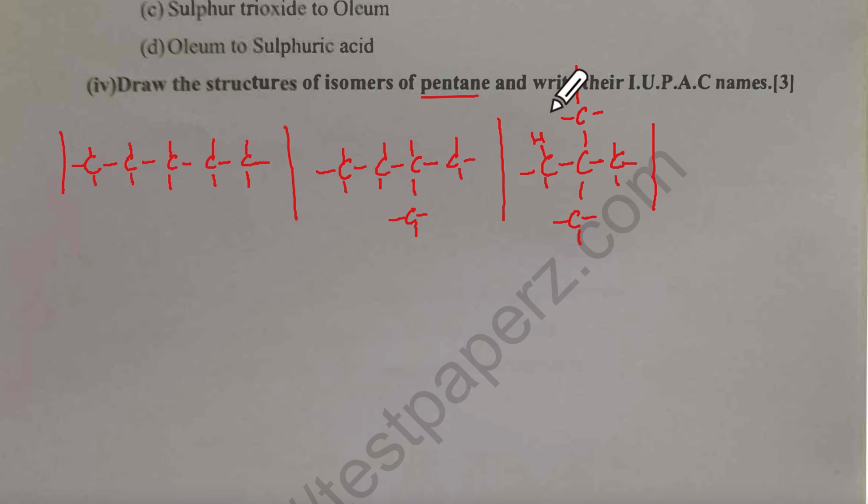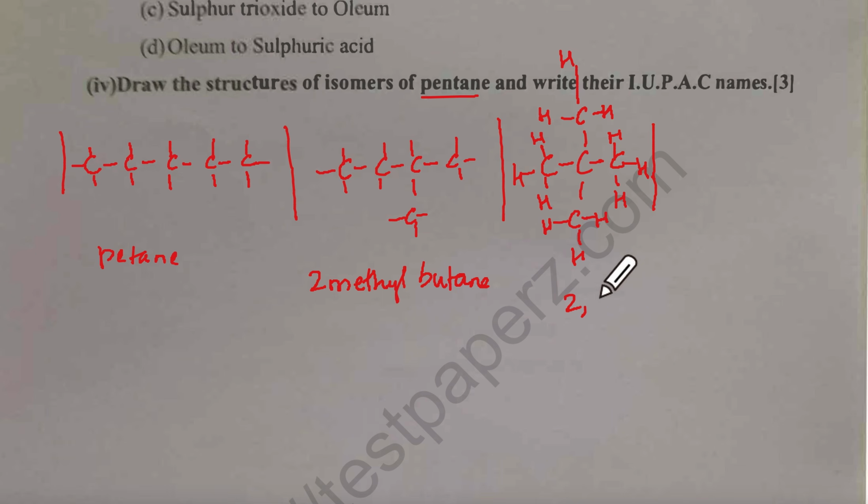You have to write all these H's without them interfering with each other. Did you see there is enough spacing? Just make sure that this is properly written. This will be your pentane. This one is your butane, but 2-methyl: 2-methyl butane. Very good. And here it will be 2,2-dimethyl propane. Is it making sense to you?